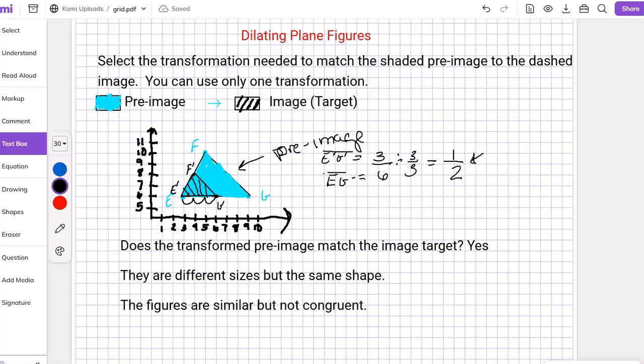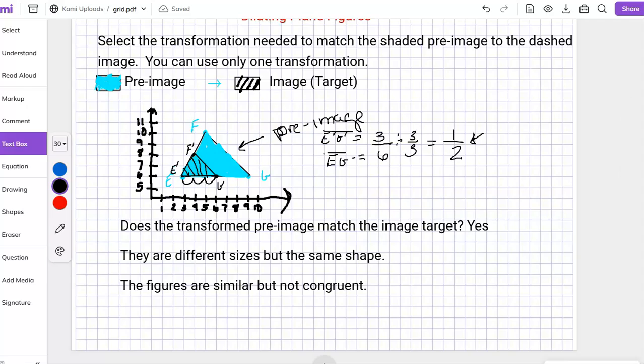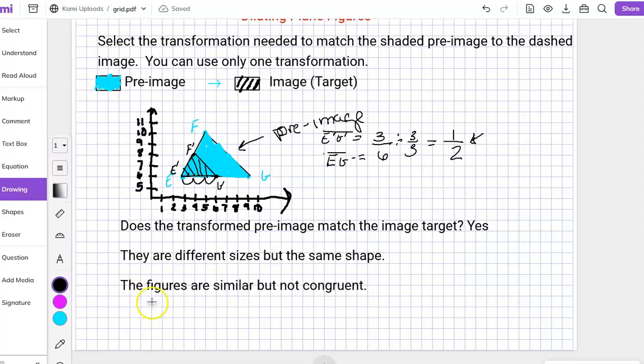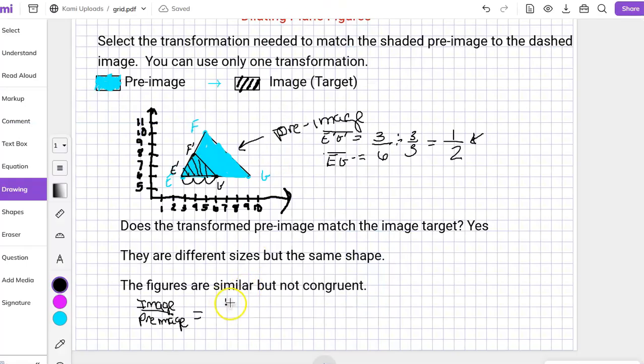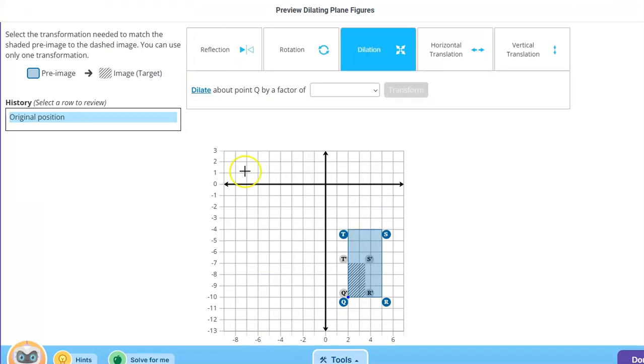Okay, so I'm going to come over here and I'm going to write it down here. You don't have to put this in your notes, but I'm going to put it so you can see how to solve this. So remember, it's always image over pre-image. So I'm going to come back. My image is the black and white. So I'm going to do this piece right here, this TS, it's 1.5. So I just counted my boxes, this whole box and a half a box.